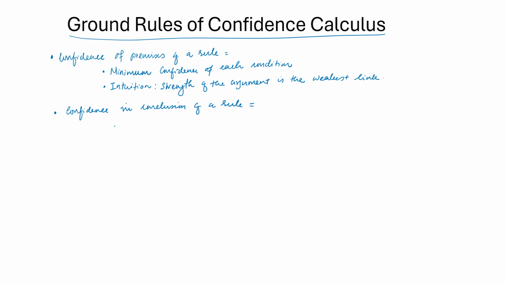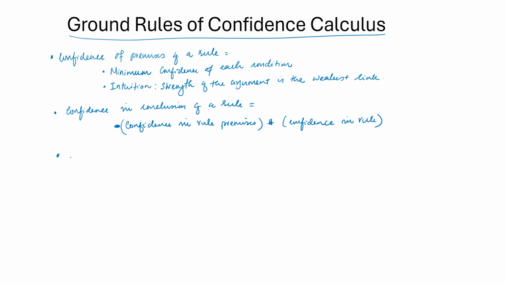The confidence in the conclusion of a rule is equal to the confidence in the rule premises multiplied by the confidence in the rule. So, that is the ground rule for this.